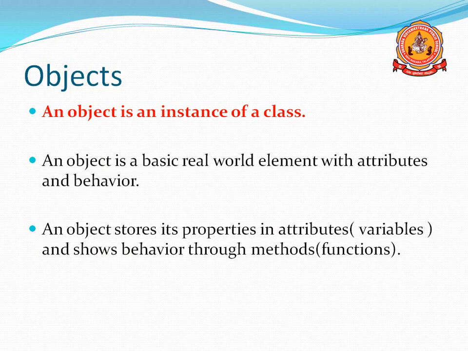An object is an instance of a class. Take the example of a drawer. Some books you kept inside the drawer and you locked it. After some time, if you want to open the drawer, the same key is required. That key is known as the object.